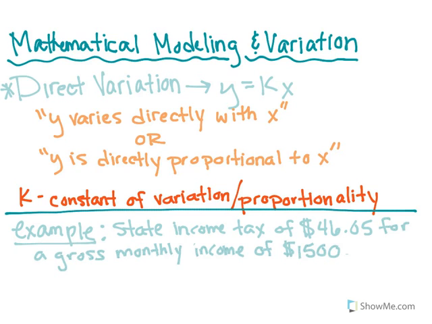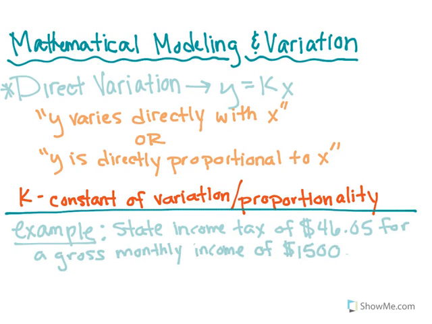So the question is, if this particular function varies directly, or is directly proportional to x, then how do we actually make a function with this? We have to determine which of these two values is my x and which one is the y. In other words, which one is independent and which one is dependent?